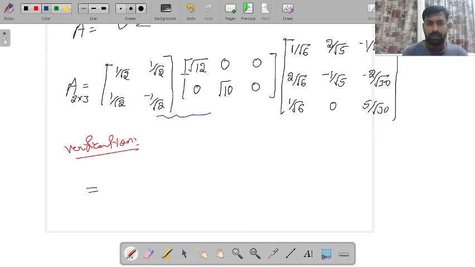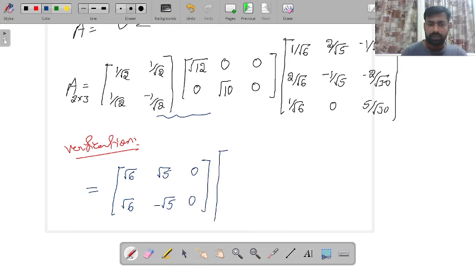Root 12 into the first column plus 0 into the second column, so that will be root 6, root 6. Next, the second column is 0 times the first column plus root 10 into the second column, so that is root 10 by root 12, root 2, which will be root 5 and negative root 5. Next, the third column is 0 times the first column plus 0 times the second column, so 0, 0.